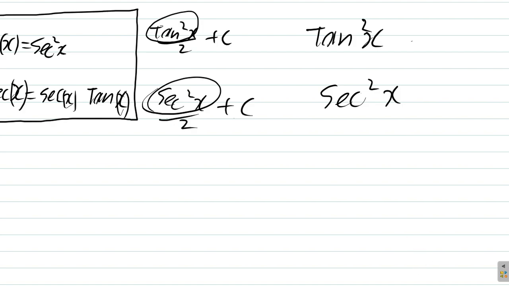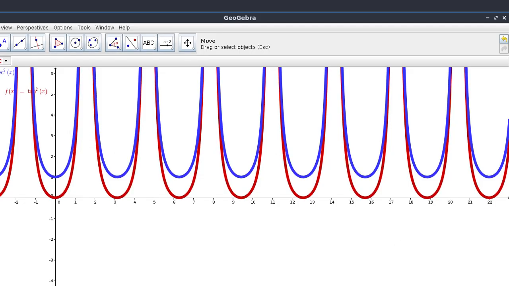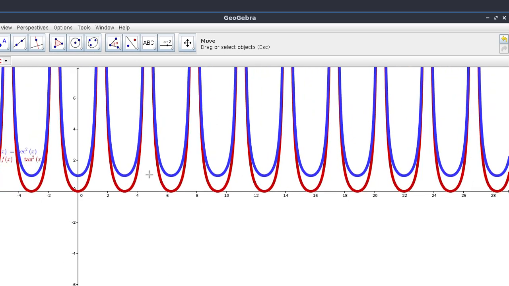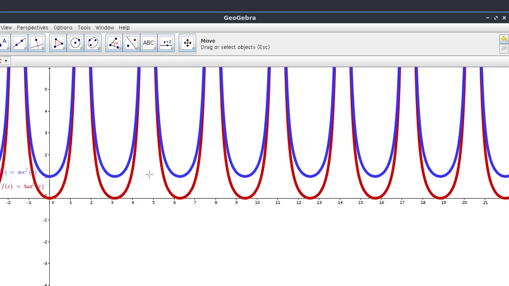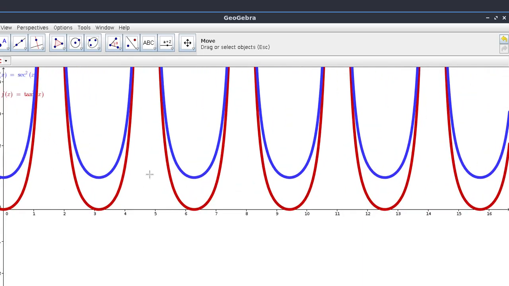Now, as for the graph, this is the graph. The tan squared x is in red and the sec squared x is in blue. Alright? So, they have the same gradient functions. We zoom in. The only difference now is the vertical displacement, which is given by the constant of integration.